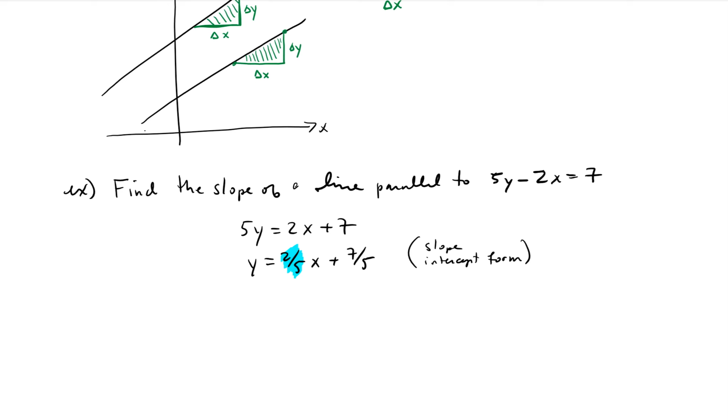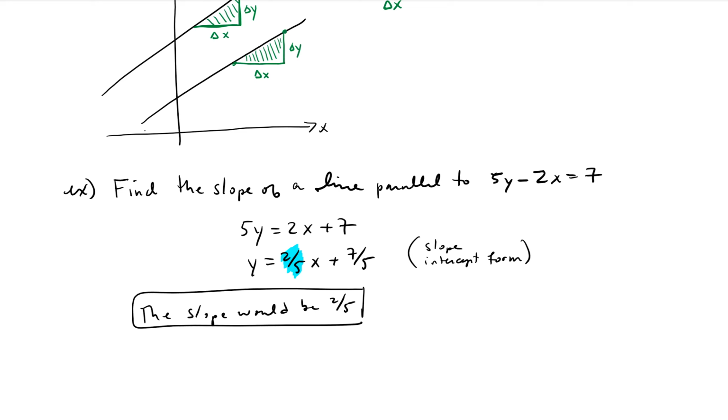So let's change this: the slope of a line parallel to this line. Well, the slope for any line parallel to that line would be 2/5. That's it. We just have to identify the slope of the given line. And maybe this is part A.